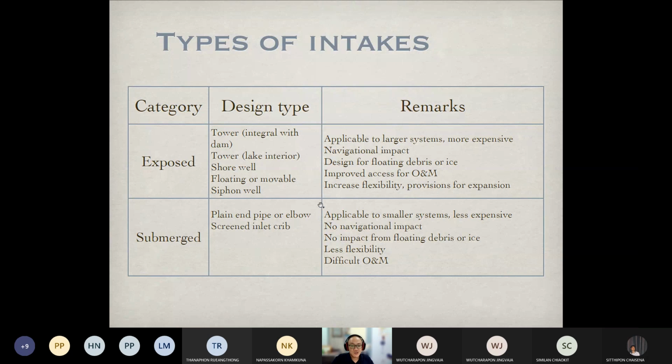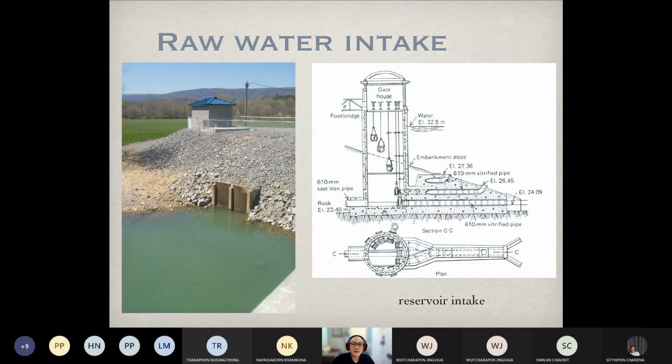But for the exposed intake, of course, it's really easy in terms of operation and maintenance, but it may create a navigational impact. So these are the fundamental considerations to select what types of intakes to be used.